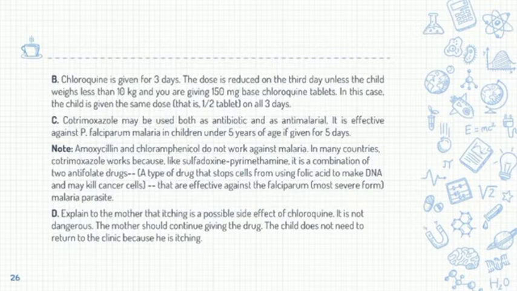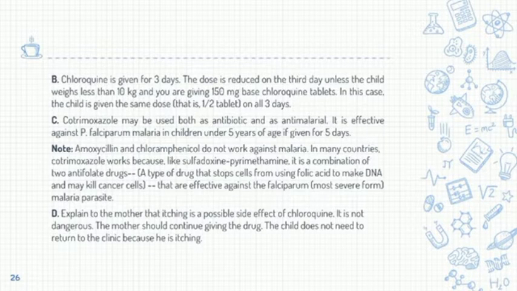We should know that the 150 milligrams base tablet is the same as the 250 milligrams salt tablet, and the 300 milligrams base tablet is the same as the 500 salt tablet. It's just 2 different ways of describing the same thing, according to CDC. Likewise, the correct weekly dose for your child is based on the child's weight and should not exceed the adult dose, which is the 300 milligrams base tablet.